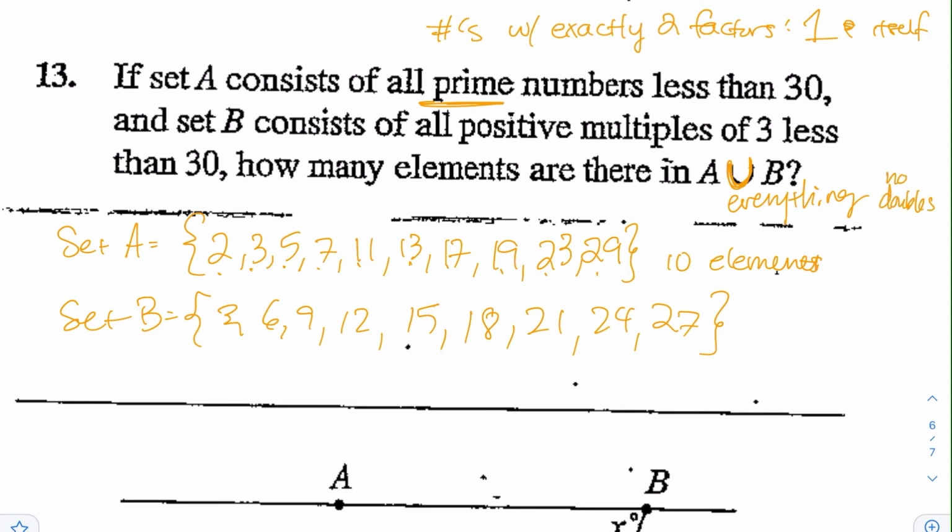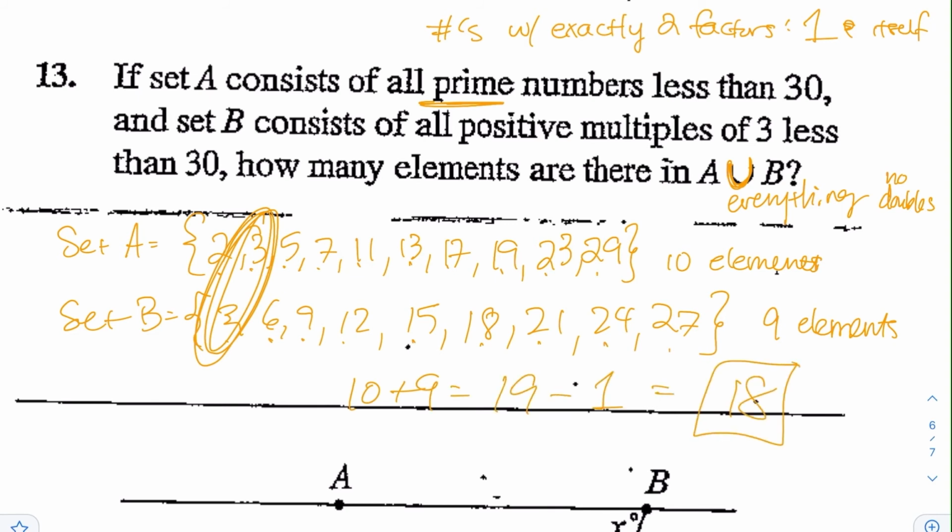So there are 1, 2, 3, 4, 5, 6, 7, 8, 9 elements here, because you want less than 30. But you do see one duplicate, which is 3. So it's not going to be 10 plus 9, because that's 19. You want to minus that one duplicate, and that's going to give you 18 as the number of elements in A union B.